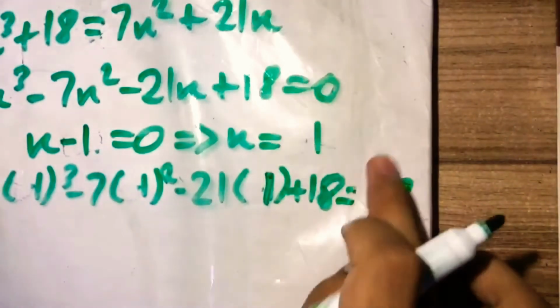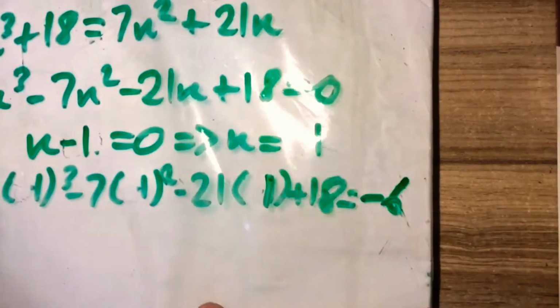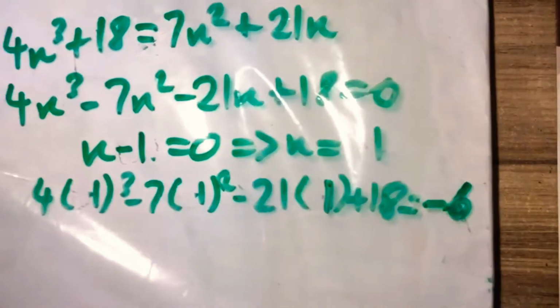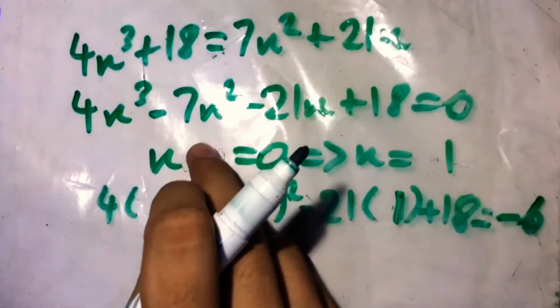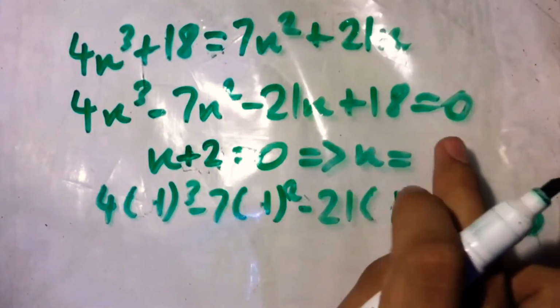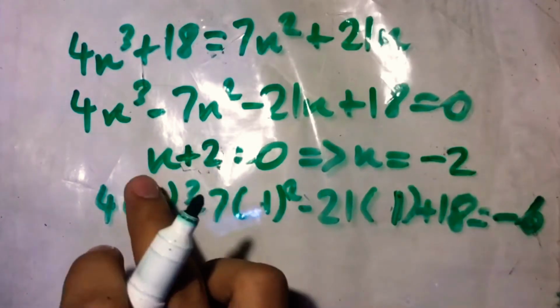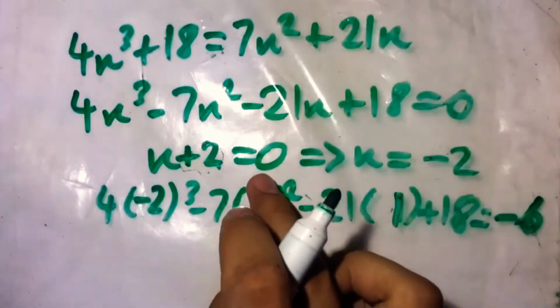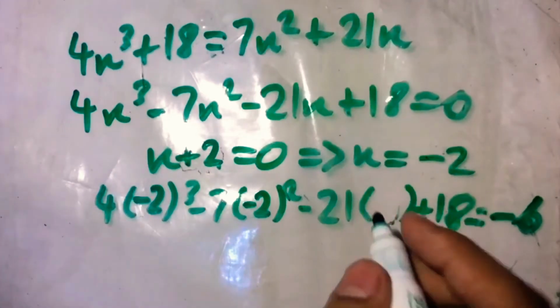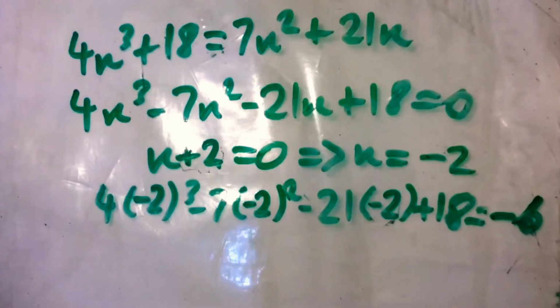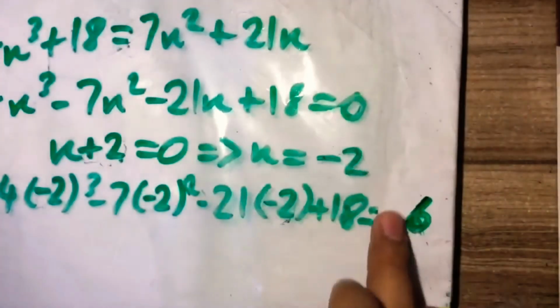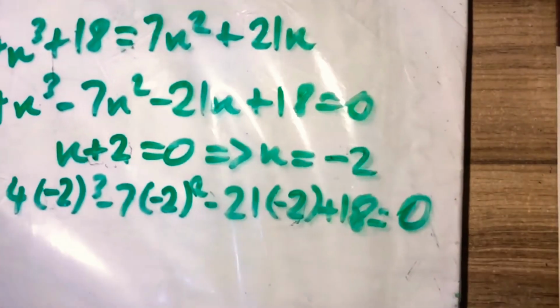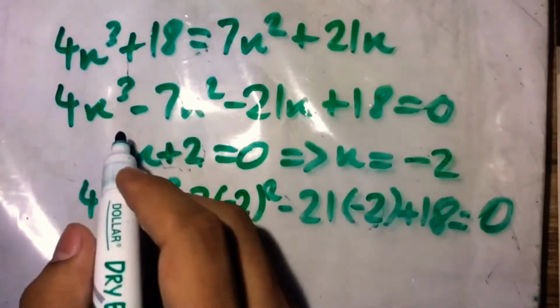This is coming equal to -6. So again, this is not a factor. Now we'll take x plus 2. So x is equal to -2. Now when we put -2 in this equation, this is coming equal to 0. This means that our first factor is x plus 2.